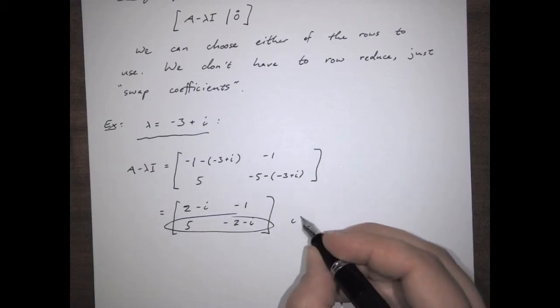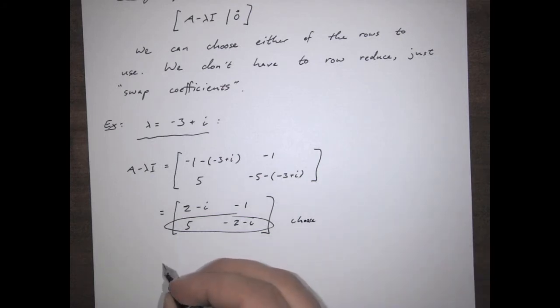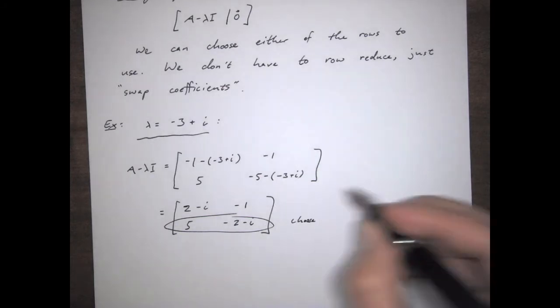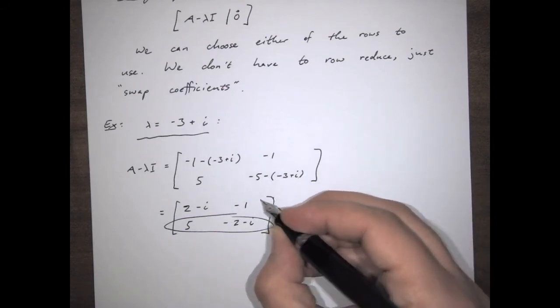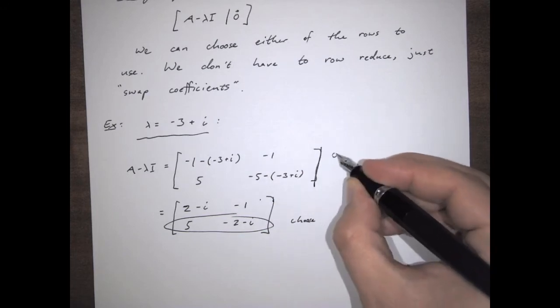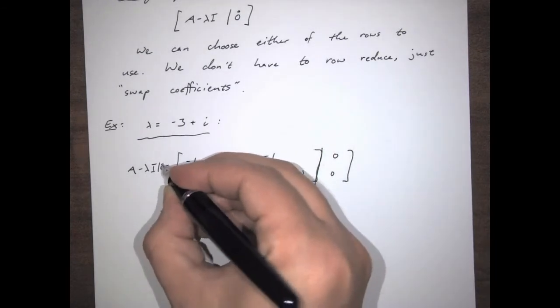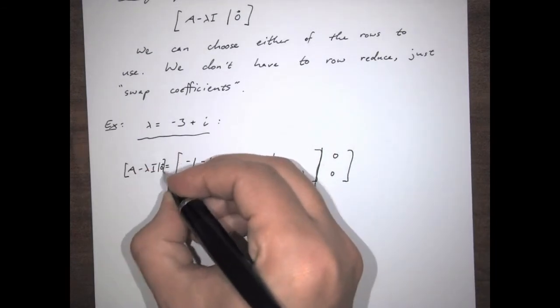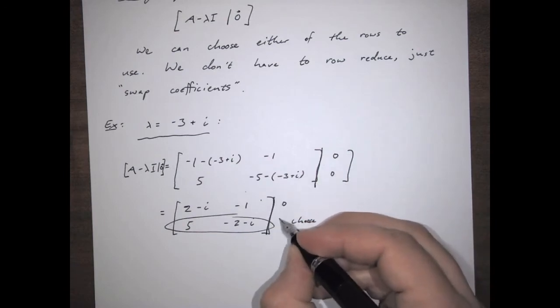So we'll choose this. Then I should augment this with zeros.